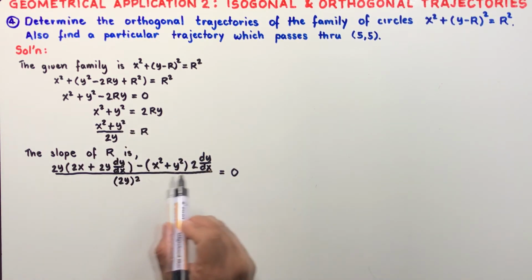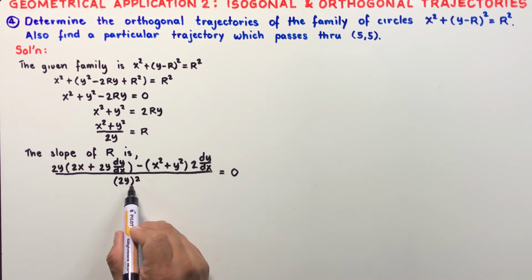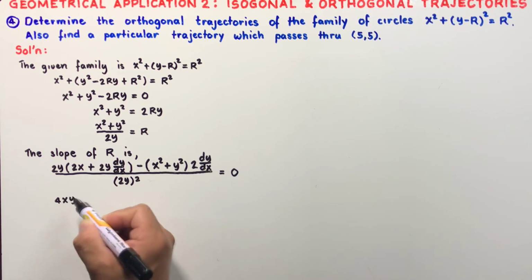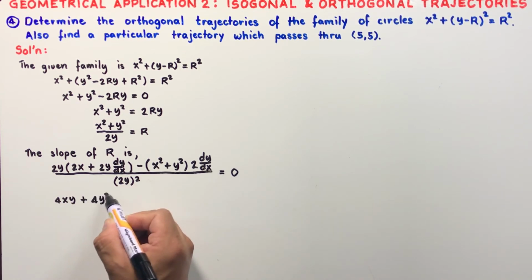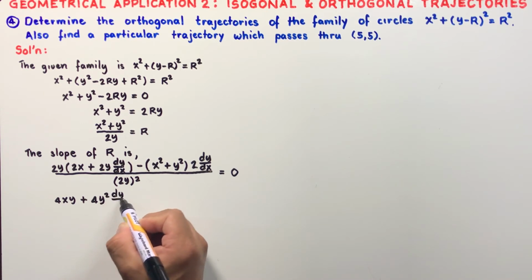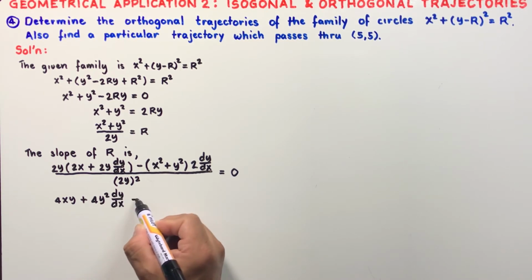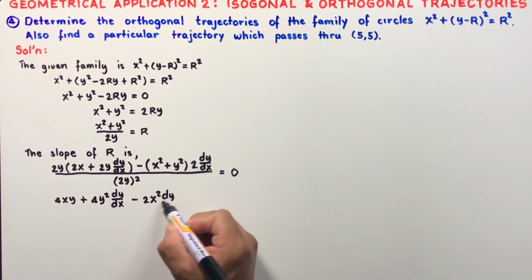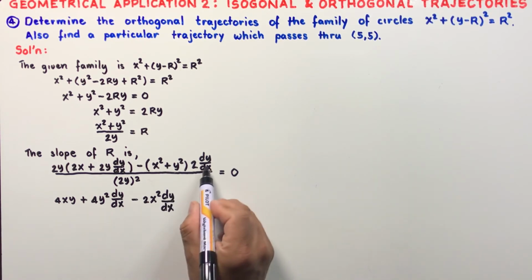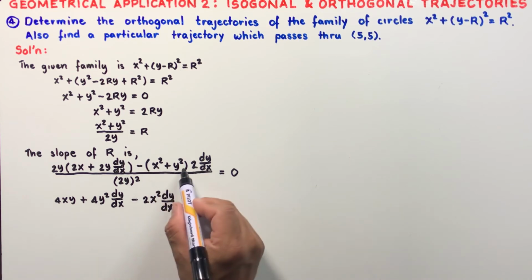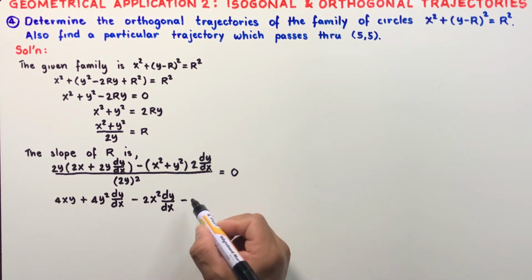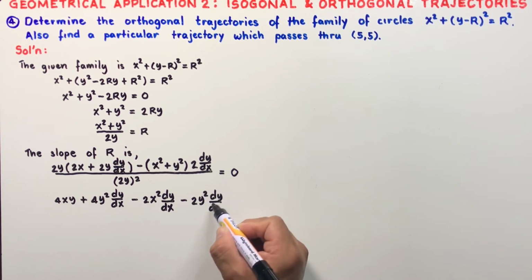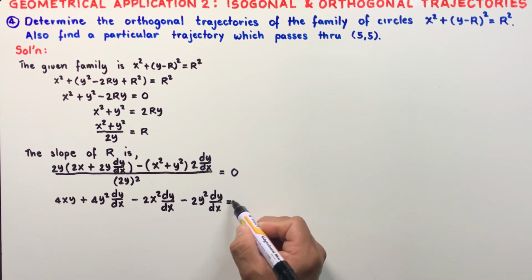So this is the implicit derivative of this fraction here. Multiplying both sides of the equation by this 2y quantity squared, we have this numerator as 4xy plus 4y squared times the derivative of y with respect to x, minus the quantity of 2x squared times the derivative of y with respect to x. If we distribute this factor here to this binomial, we still have minus 2y squared times the derivative of y with respect to x, and the whole thing is equal to 0.